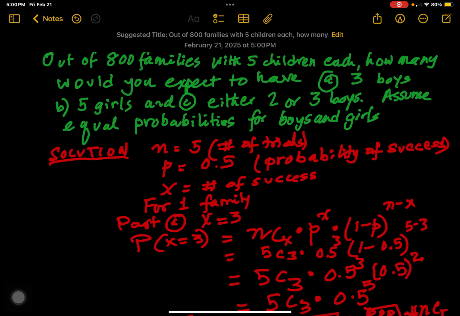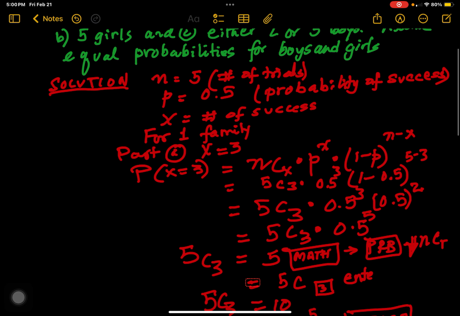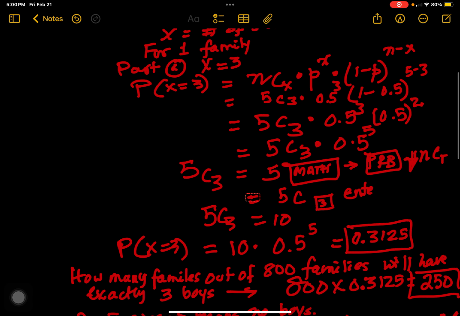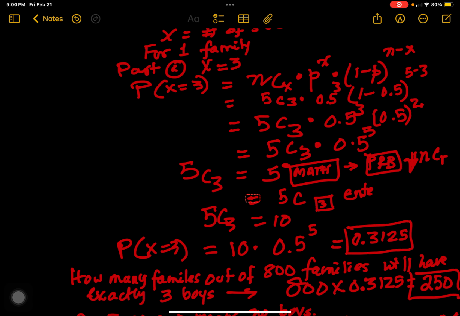So in the first part, 3 boys, so X is 3. So we plugged in the numbers and used the calculator to calculate 5C3. It's a combination or number of ways in which 3 items can be selected out of 5, and that turned out to be 10, and then you multiply it with 0.5 raised to the power of 5.